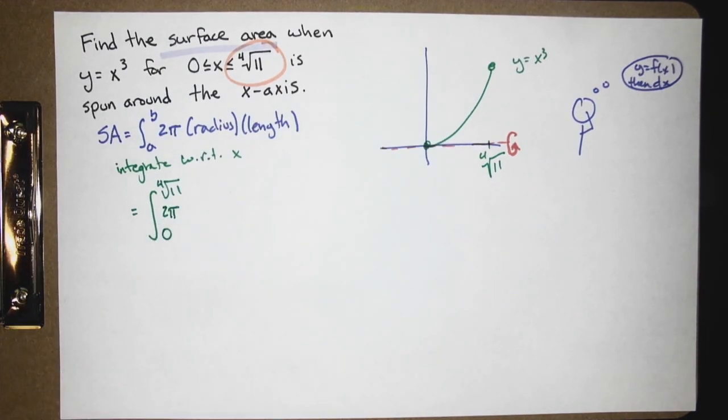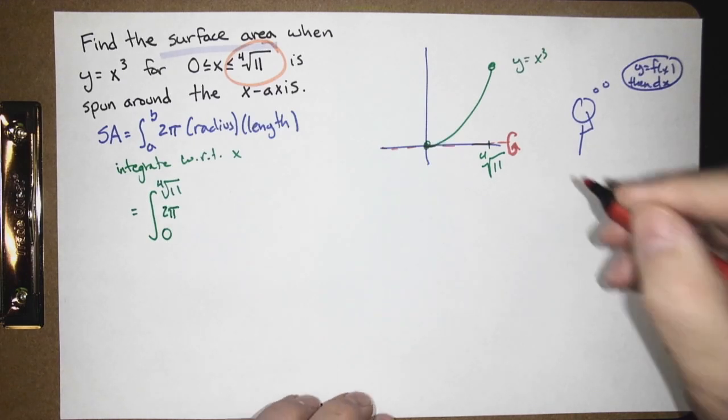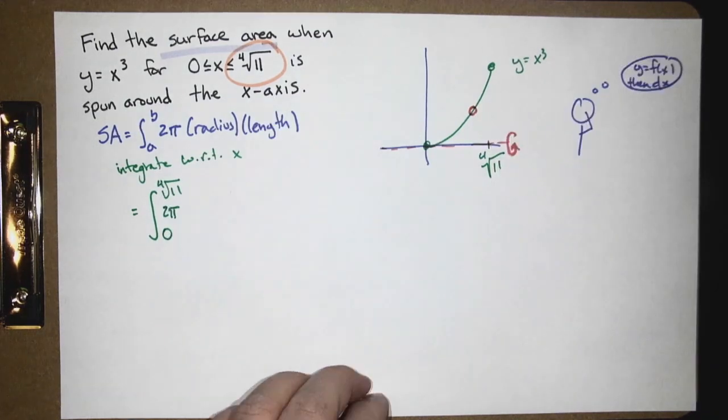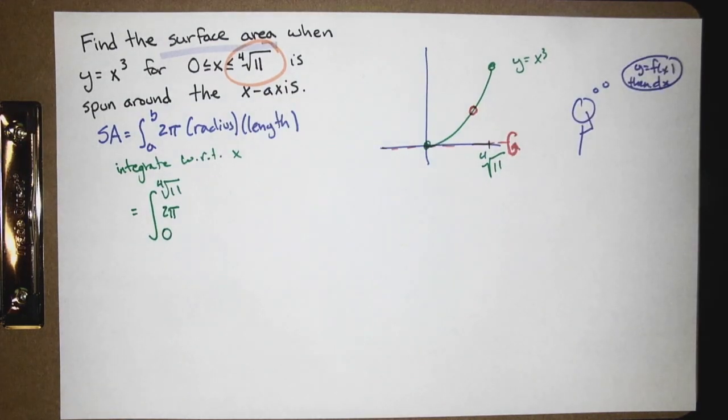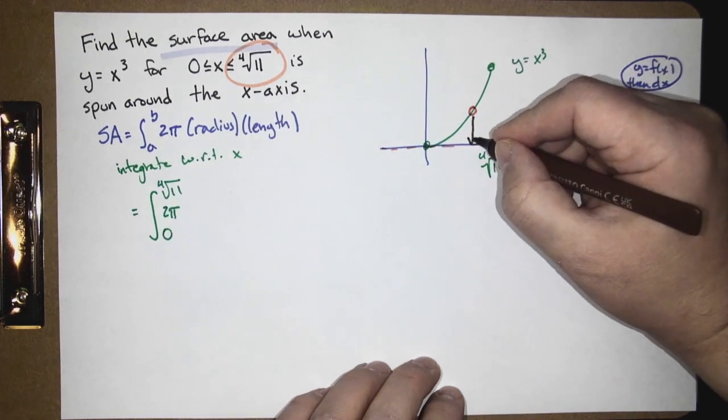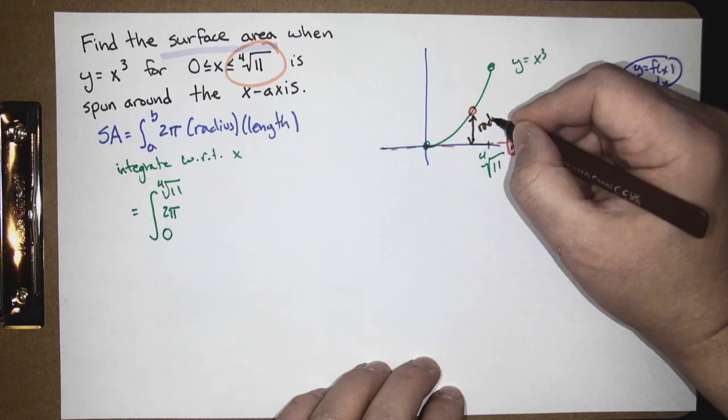All right, now the fun part, the radius. So here's our thinking. We're not taking a slice, we're just thinking, here's a little piece of the curve. So that's what we're grabbing, a little tiny piece of the curve. And now for the radius, what we're going to do is go straight down to where we spin. So this is our radius.